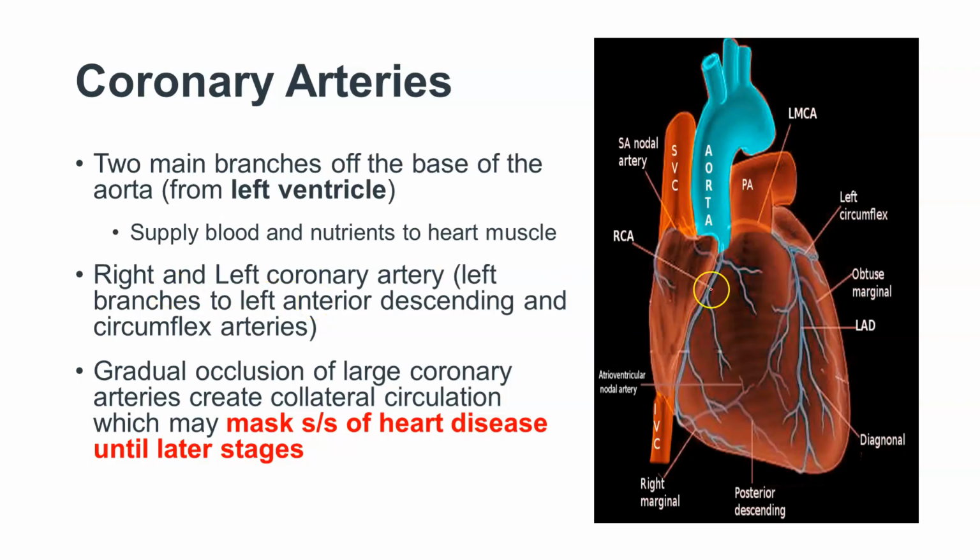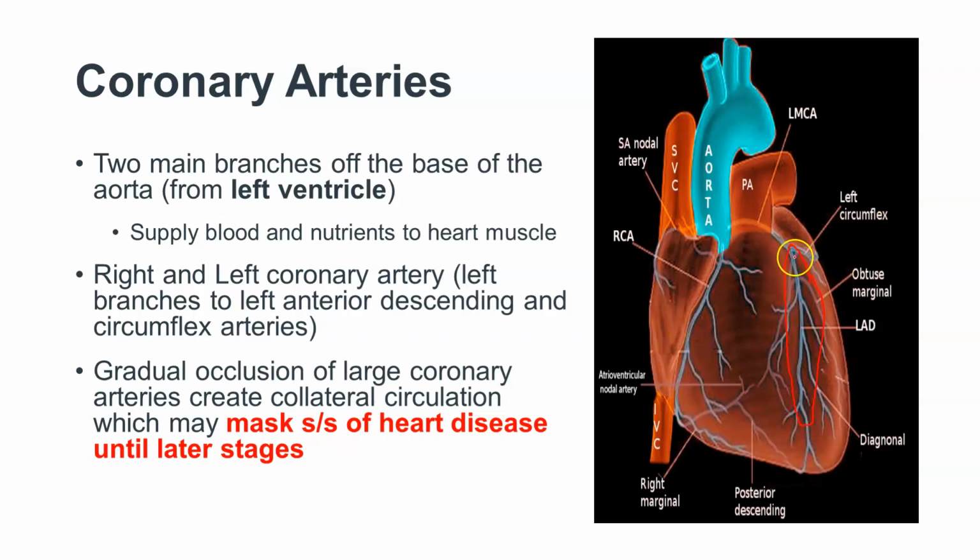So we do see that we have the right and left coronary arteries and the left anterior descending and circumflex arteries. And again, that's not something I'm ever going to ask about. It's very A&P-ish, right? We only need to know that because we'll talk about the LAD here and how it's going to be affected when you have MIs.